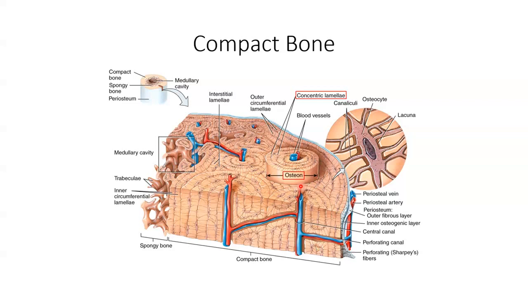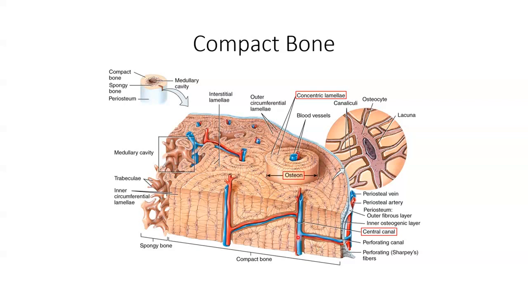These concentric lamellae circle around what we call a central canal, which is like a little tunnel which runs through the center of an osteon and contains our blood vessels and our nerves. The central canal of an osteon tends to run parallel to the long axis of a bone.